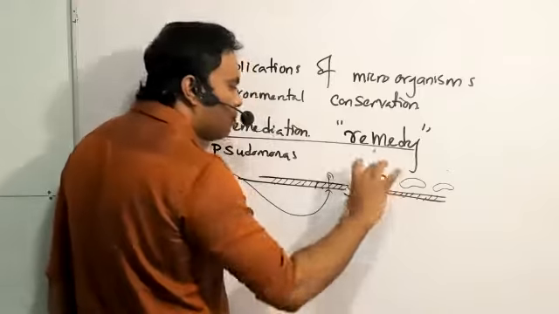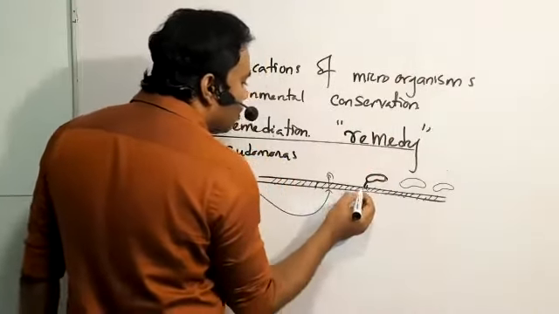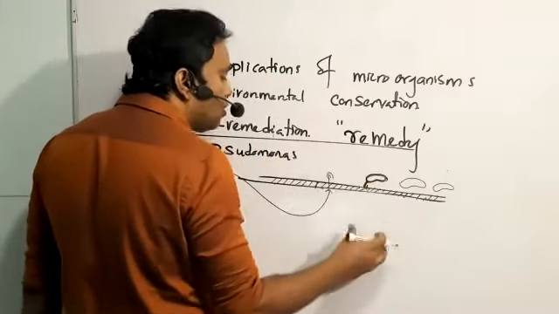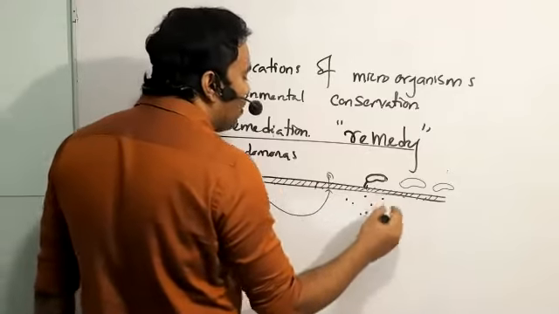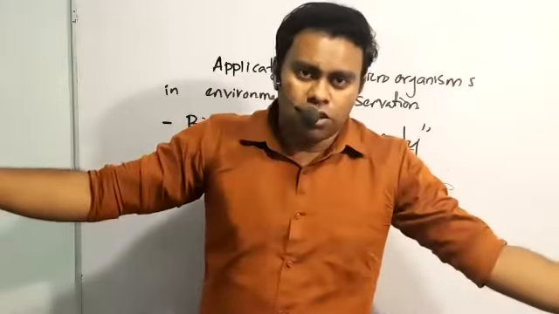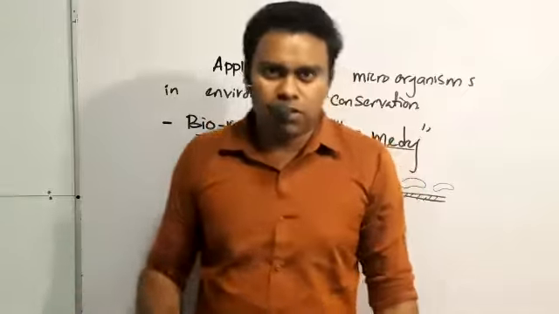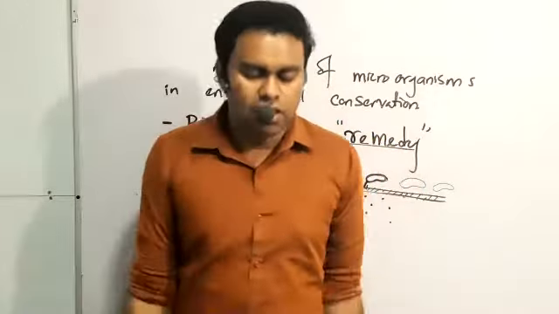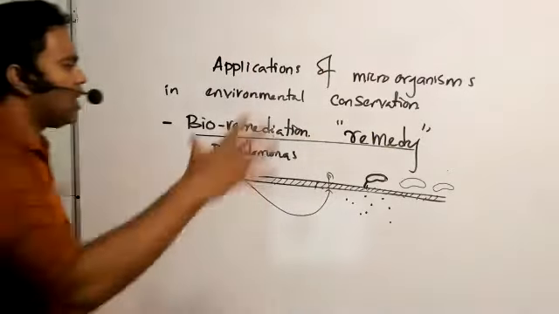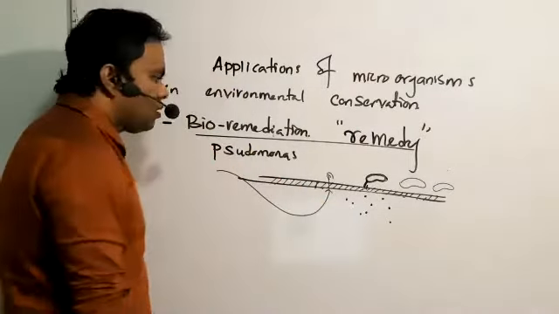They multiply to billions of bacteria. They convert this water insoluble oil into a water soluble compound. All the crude oil is broken down into water soluble compounds and disappears. That's due to the action of microorganisms. So that's a jaiva pratikarmaya, a biological remedy. That's one example.